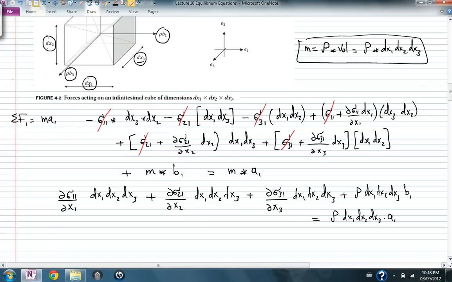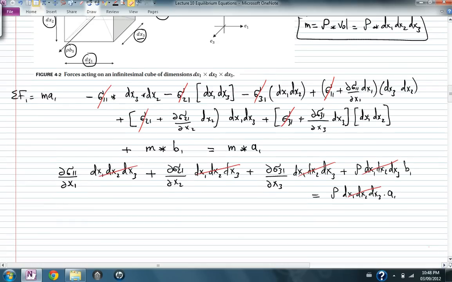And then I'm going to cancel the volume, and I end up with the first equation of equilibrium that states partial sigma 1 1 by partial x1 plus partial sigma 2 1 by partial x2 plus partial sigma 3 1 by partial x3 plus rho b1 is equal to rho a1.